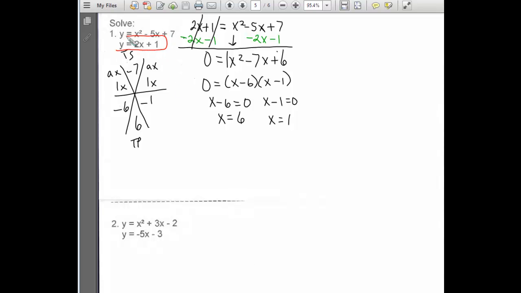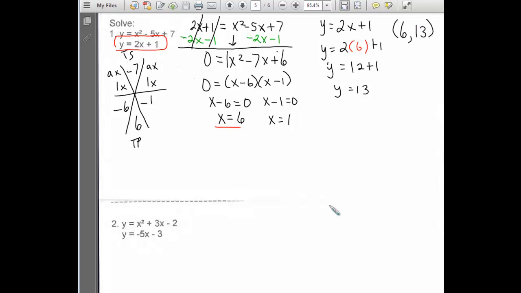This linear equation looks easier, so I'm going to substitute first 6 into the linear equation. So substituting 6 into the linear equation, we get y equals 12 plus 1. Y is equal to 13. So our first solution is when x is 6, y is 13.